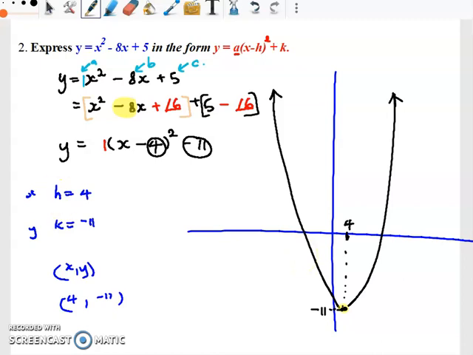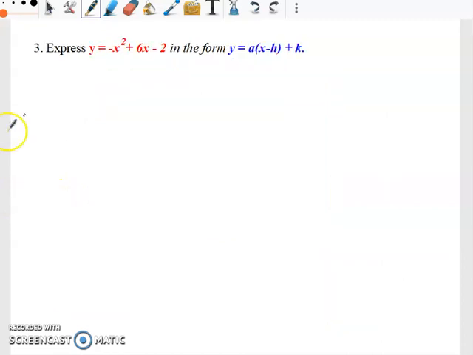Let us move to another example now. So let's bring down this example. Y equals minus x squared plus 6x minus 2. Remember, same procedure again, it doesn't change. The negative on this only indicates that the parabola will open downwards.